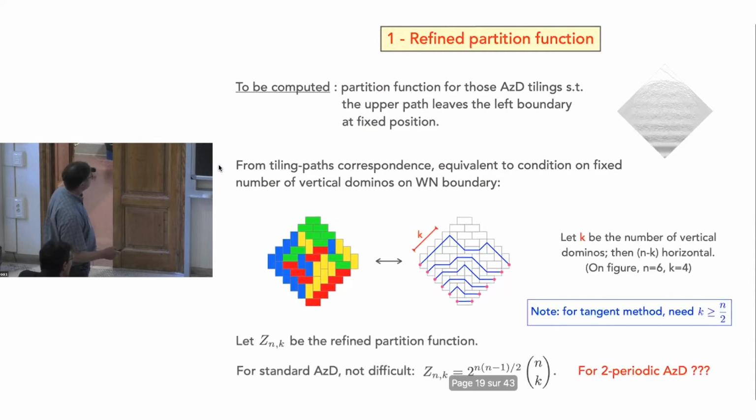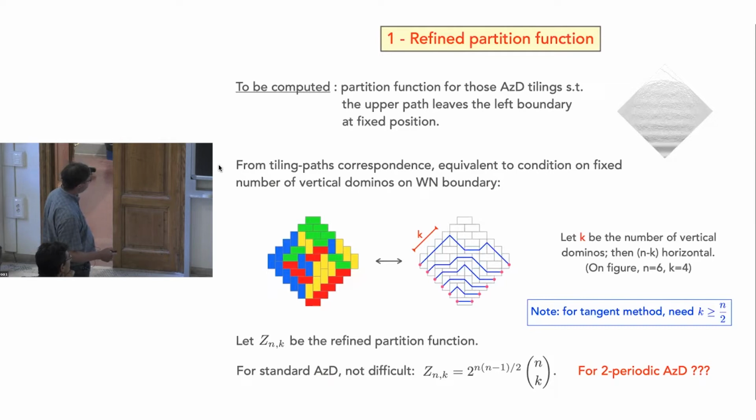So reformulating the problem in terms of dominoes, we've got to compute the number of configurations such that along the west-north boundary, you have got k vertical dominoes and the rest being horizontal automatically. And so that's the quantity we want to find.